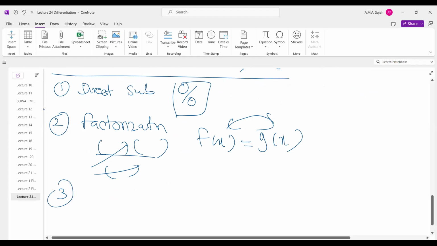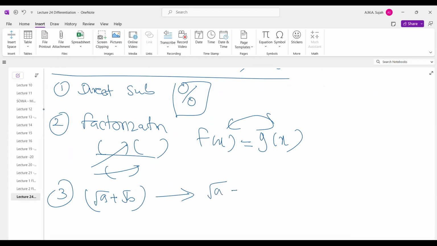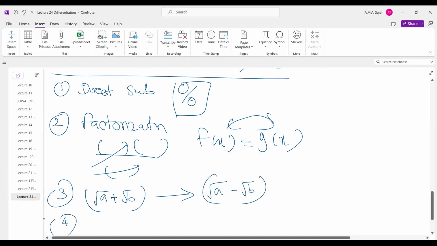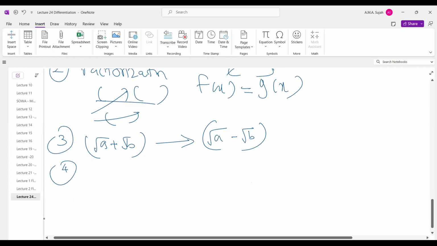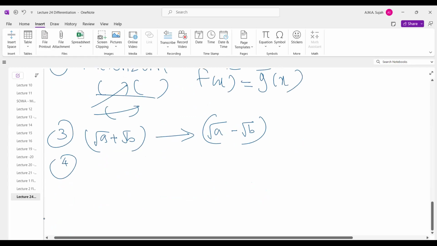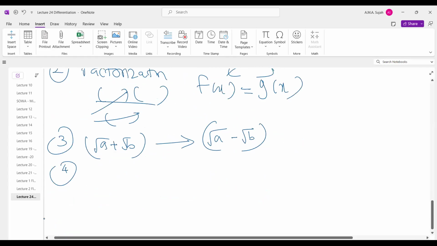Conjugate form means, if there is a function with square root of a plus square root of b, we need to multiply both sides by its conjugate, square root of a minus square root of b. Likewise, the third type. Factorization, conjugate, what else?